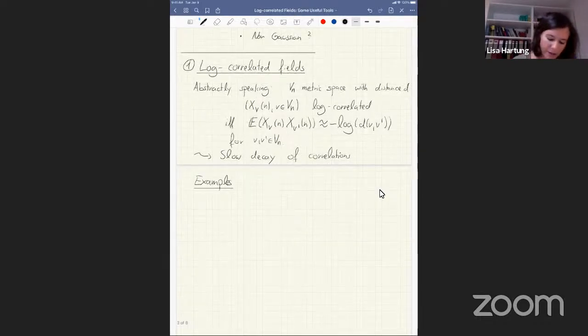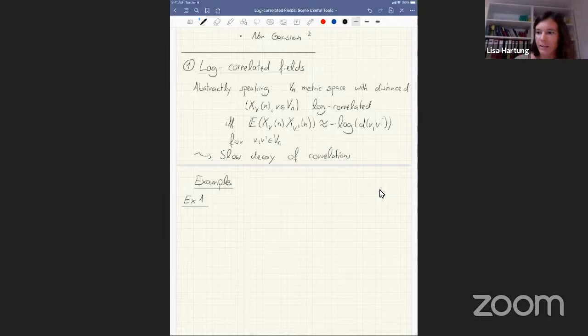So the first example, and I will just list them, and I will not really explain to you in huge detail why they belong to this class of log correlated fields, but rather just give you the list.